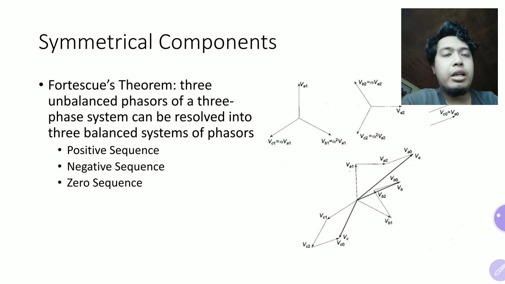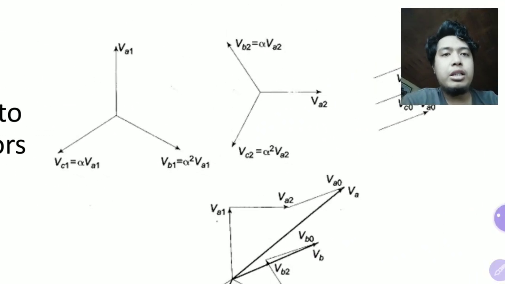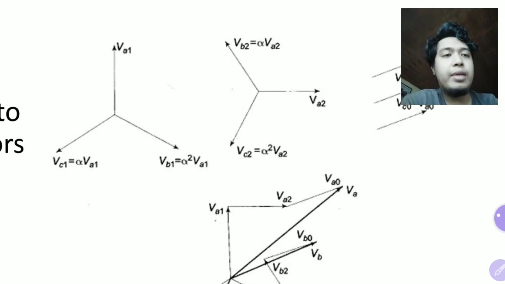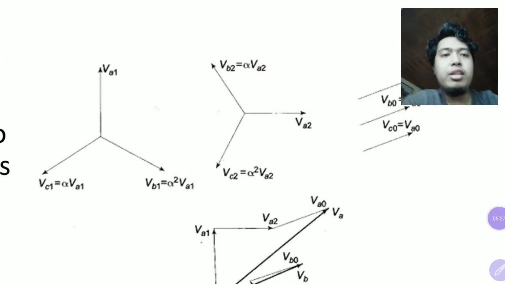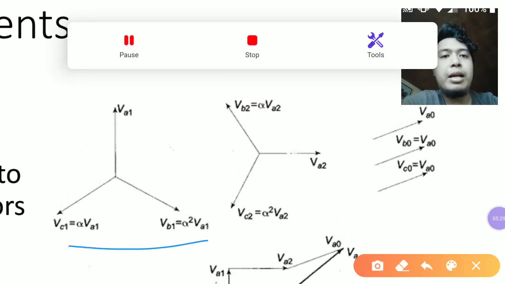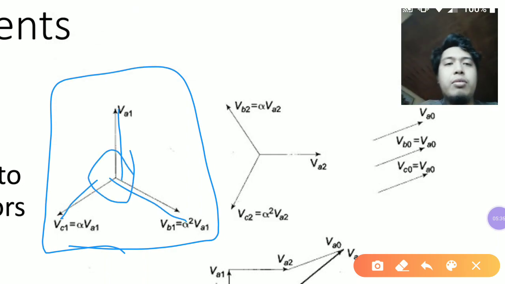So this is basically your A1, B1, and C1. As you can see, this is a balanced system. They are of the same magnitude, all separated by 120 degrees.